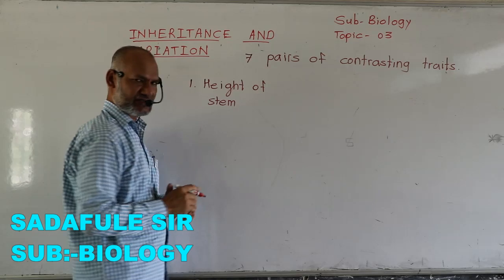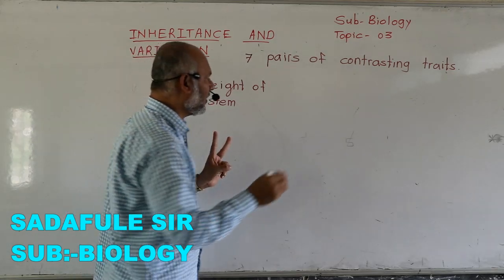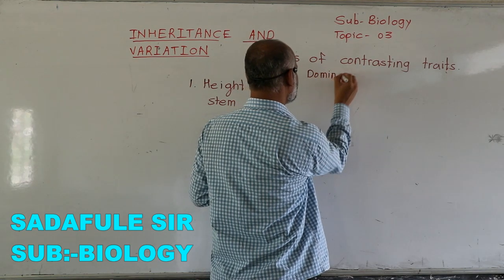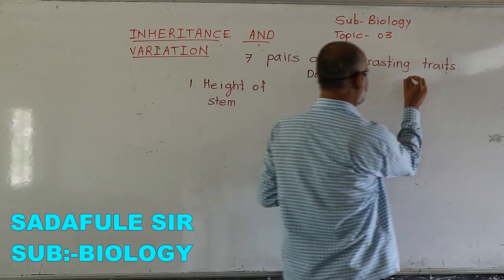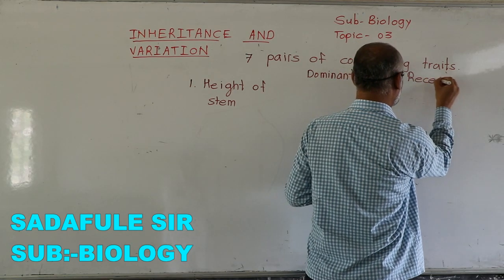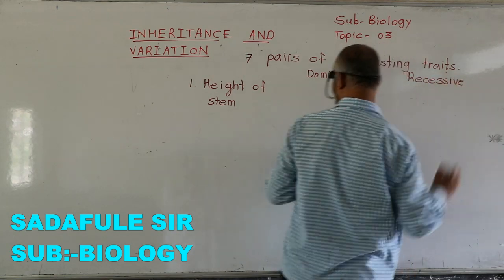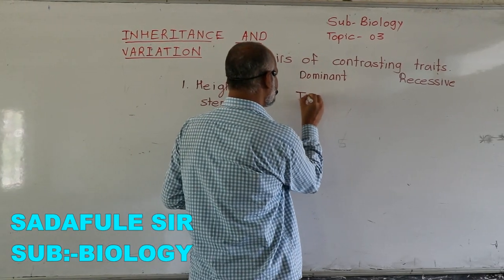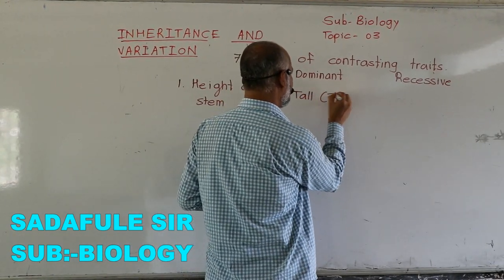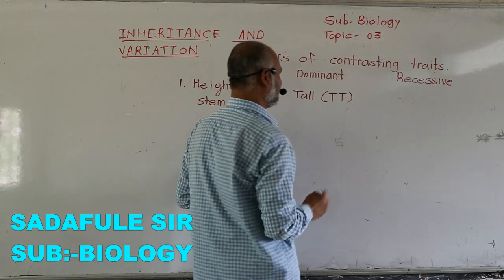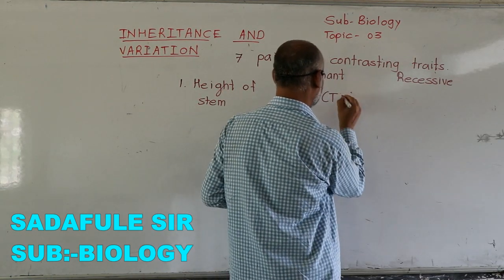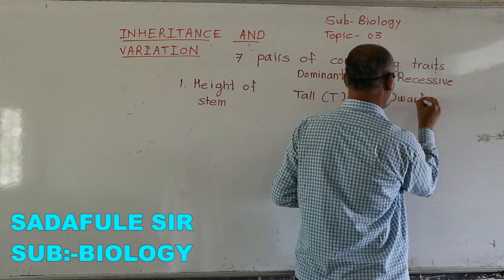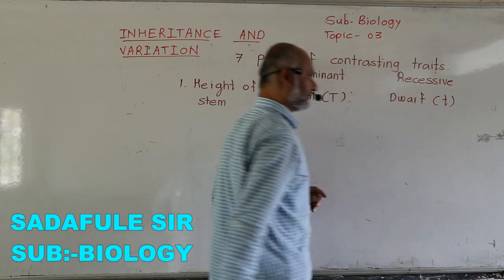It occurs in 2 forms, dominant and recessive: tall plants, represented by capital T, and dwarf plants, small t.